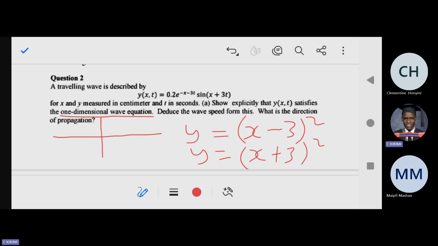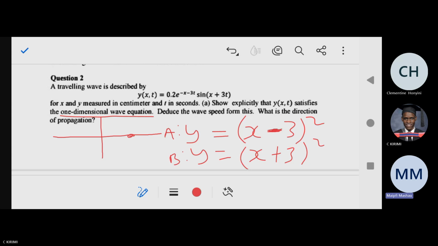We normally used to say, if there was a negative, it means it has been shifted 3 units to the what? To the left. Is it to the left for the first one? For A and B? For A, it's the right.